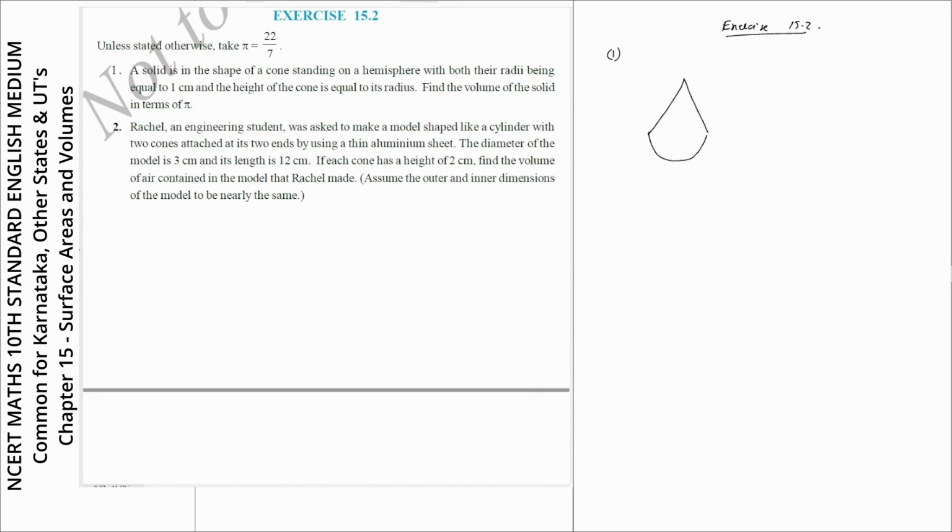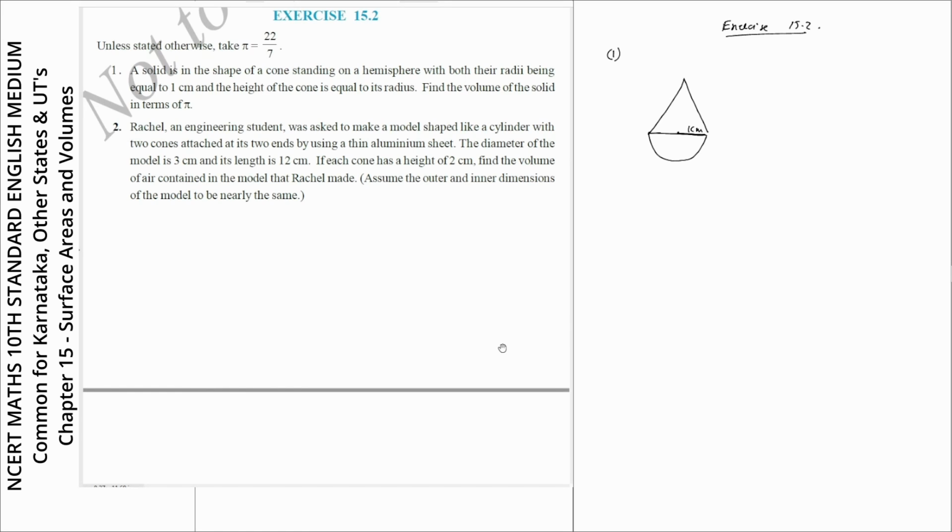Exercise 15.2, question number 1. A solid is in the shape of a cone standing on a hemisphere with both their radii being equal to 1 centimeter and the height of the cone equal to its radius. Find the volume of the solid in terms of pi. So this solid is made up of a hemisphere and a cone, and the radius is 1 centimeter.